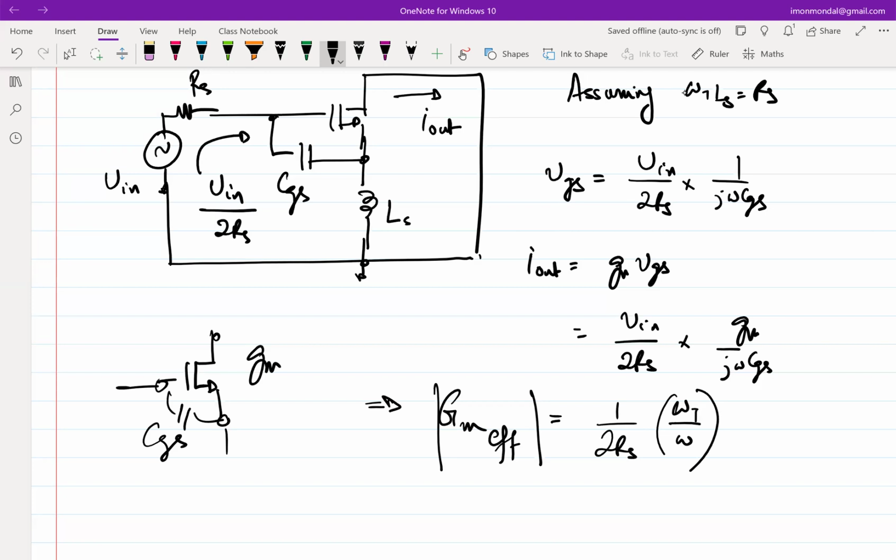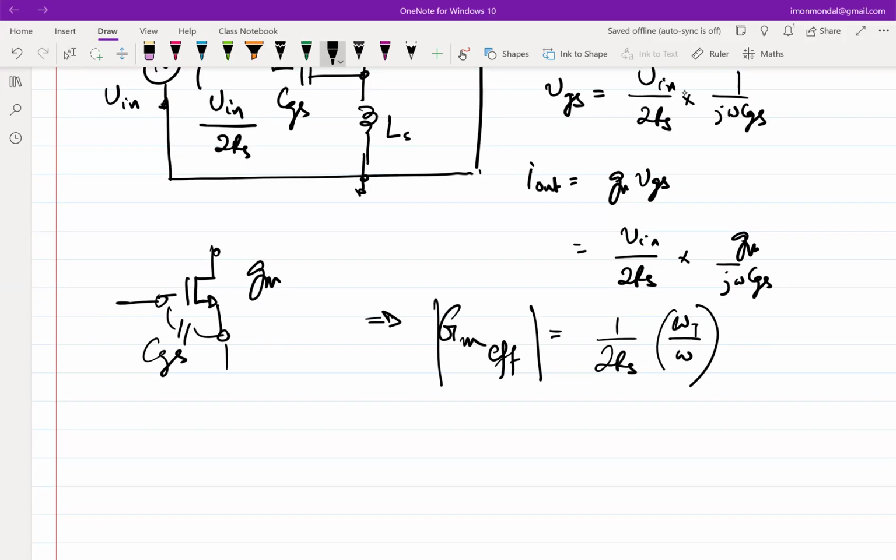Increase W over L. It will increase GM, right? For a fixed overdrive, right? We keep the overdrive fixed, and I increase W. That is equivalent to saying that I add another transistor or set of transistors in parallel, right?